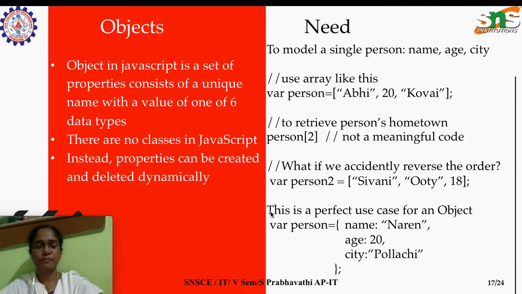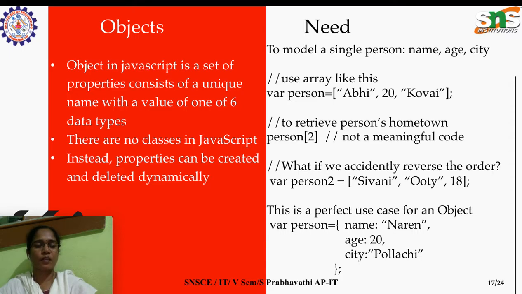So that's it about the functions, and moving on to a quick introduction about objects. Objects in JavaScript are a set of properties consisting of a unique name with a value of any of the different types of data supported in JavaScript.